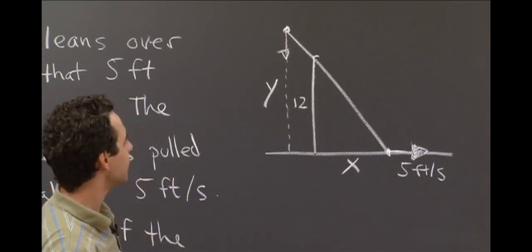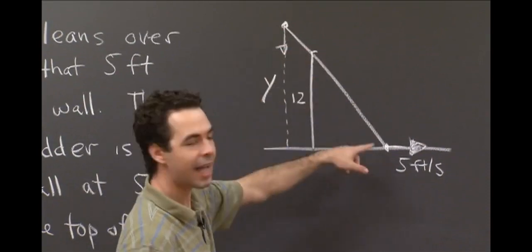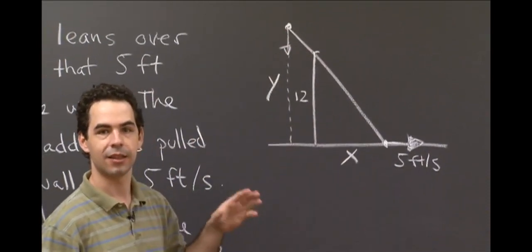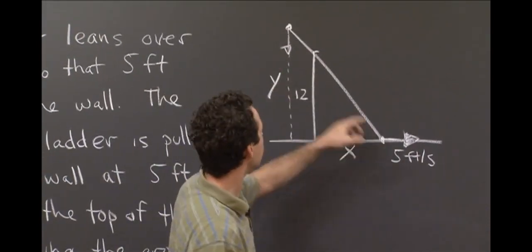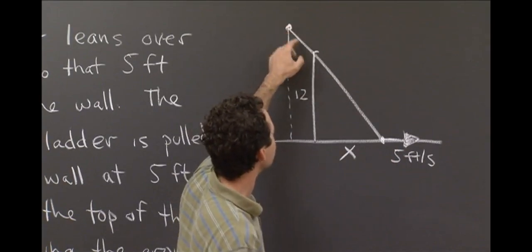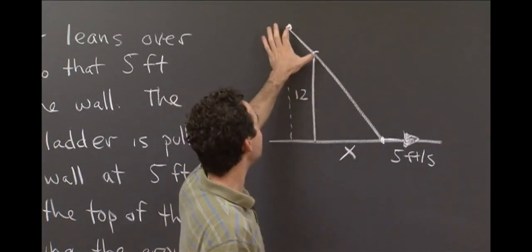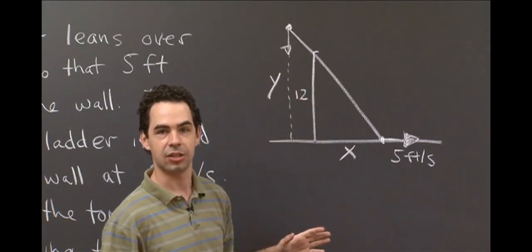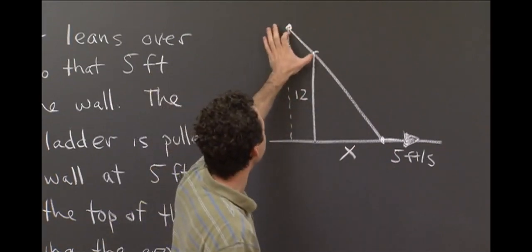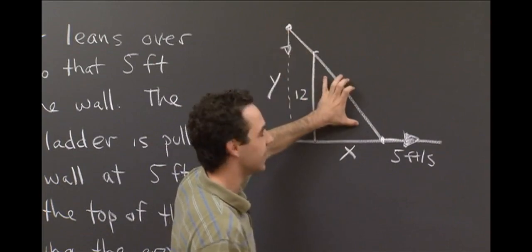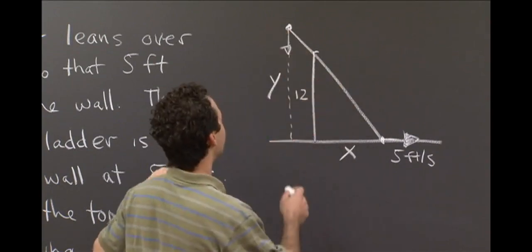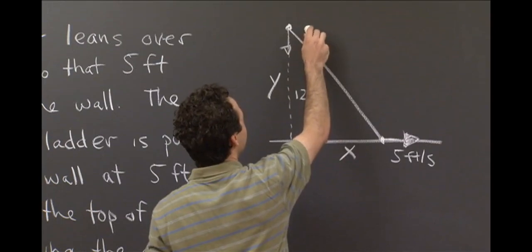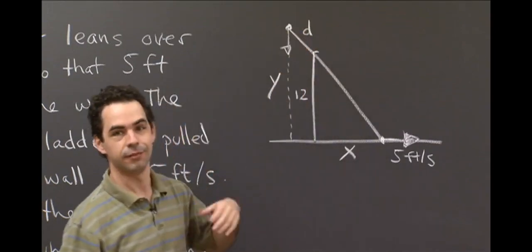And let's see what else. The whole ladder isn't changing in length, but as this gets pulled, this top point is sort of sliding down toward the wall. The amount of ladder that extends over the wall is changing. We could give this part a variable name, or this part. I'm going to give the little one a variable name. I'll call it d for distance.